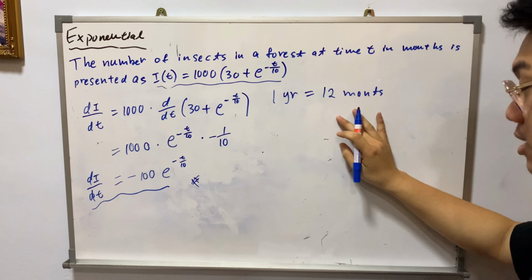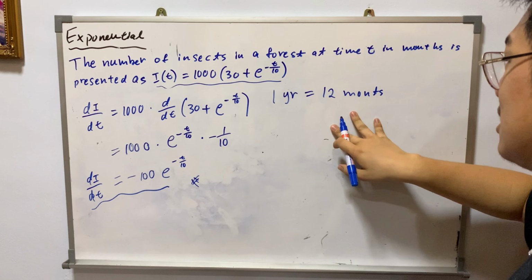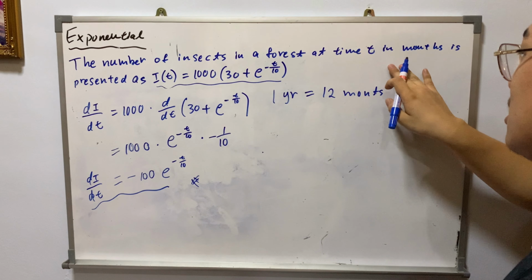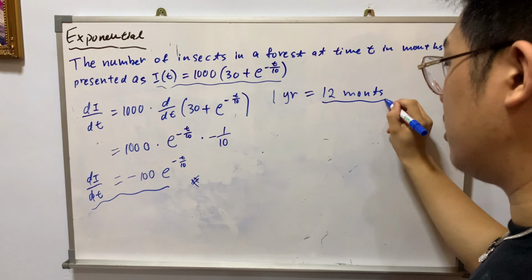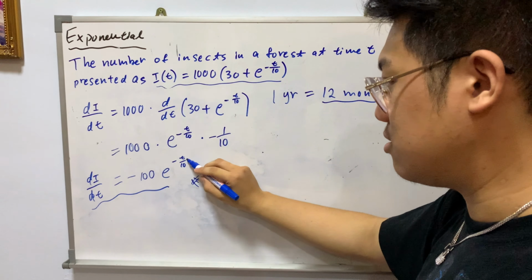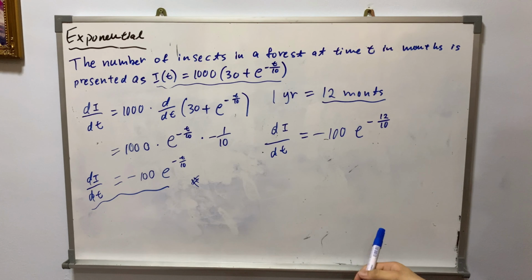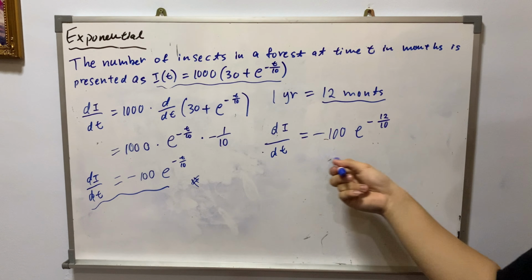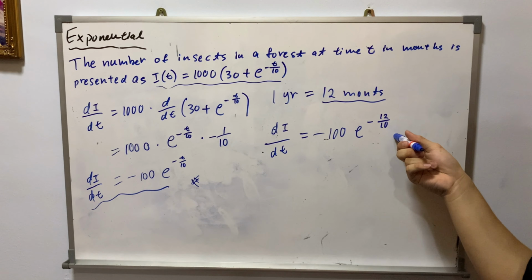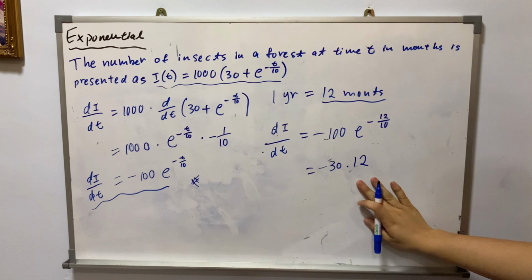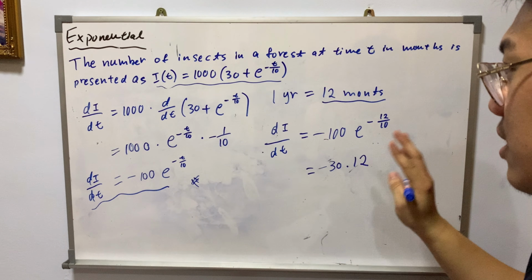The reason we use months is because the question already stated that time t is in months. Using 12 months as the time, we can sub it into the differential equation. By doing so, your equation should look like this, negative 12 over 10. So your answer should be negative 30.12, which is the rate of decay of the insects.